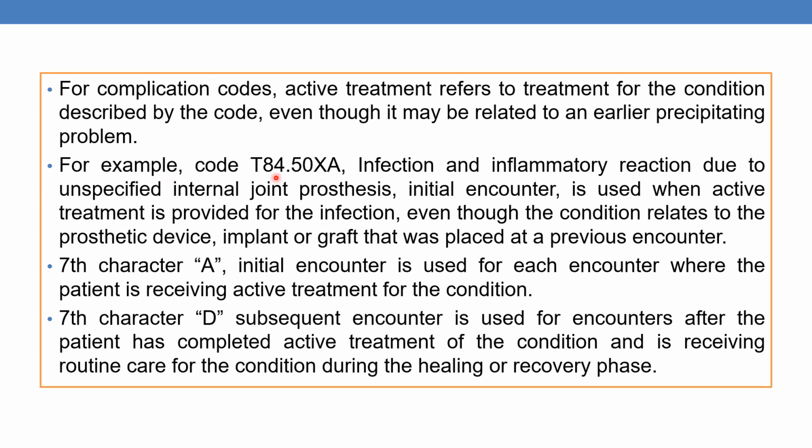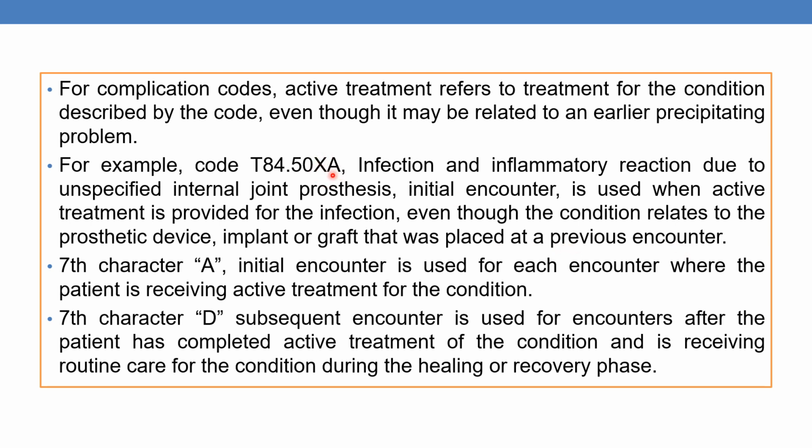For example, code T84.50XA indicates initial encounter, infection and inflammatory reaction due to unspecified internal joint prosthesis. The initial encounter is used when active treatment is provided for the infection, even though the condition is related to a prosthetic device, implant or graft that was placed in the previous encounter.